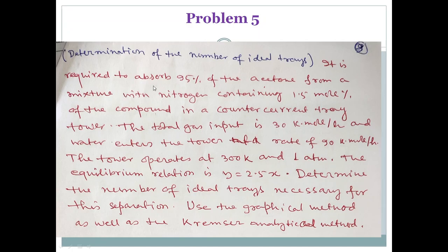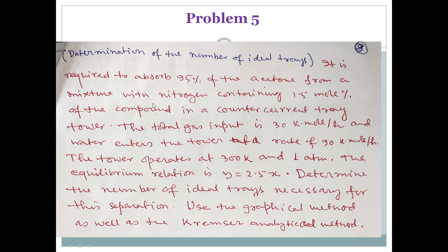It is required to absorb 95% of acetone from a mixture of nitrogen containing 1.5 mole percent of the compound in a counter current tray tower. Nitrogen with 1.5% acetone is going from the bottom to top.